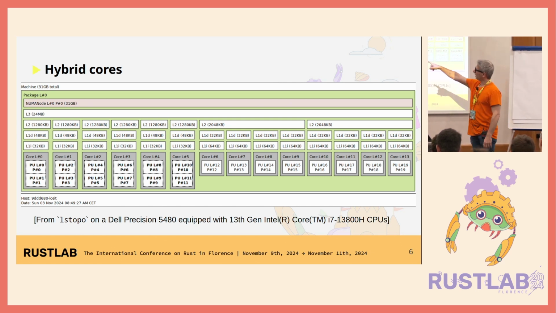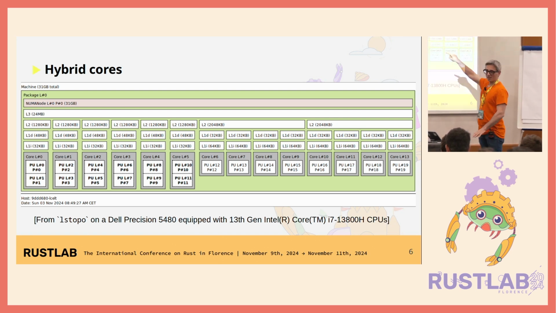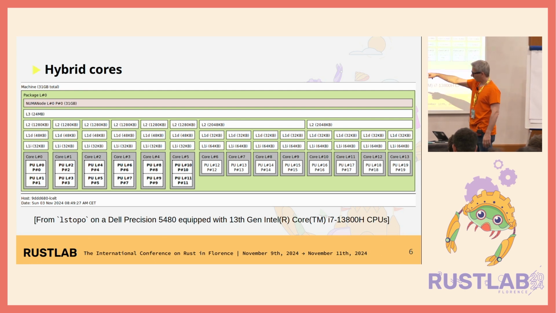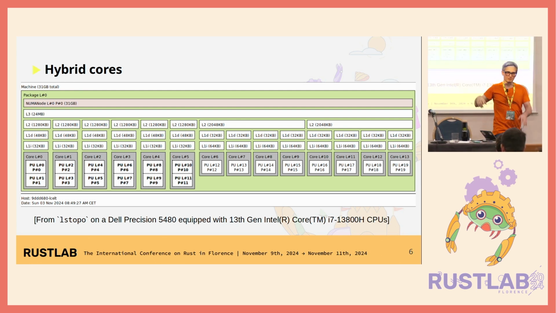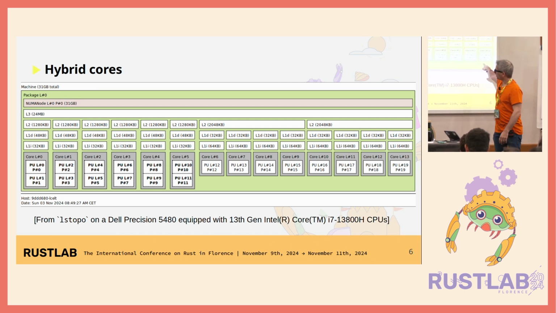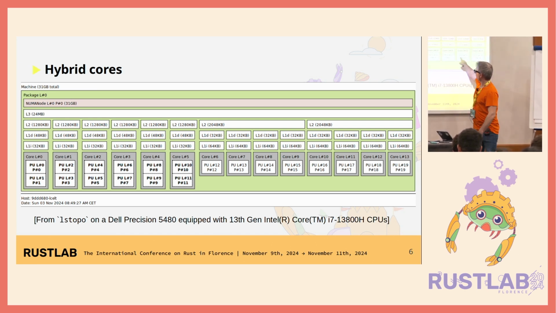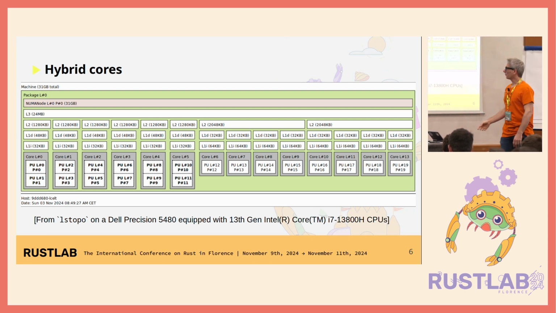As you can see, fortunately there's just a single NUMA node with a single L3 cache. But over there, these are SMT cores, so they share multiple resources. These are regular cores. And actually, these are the slow cores. Those are the fast cores.